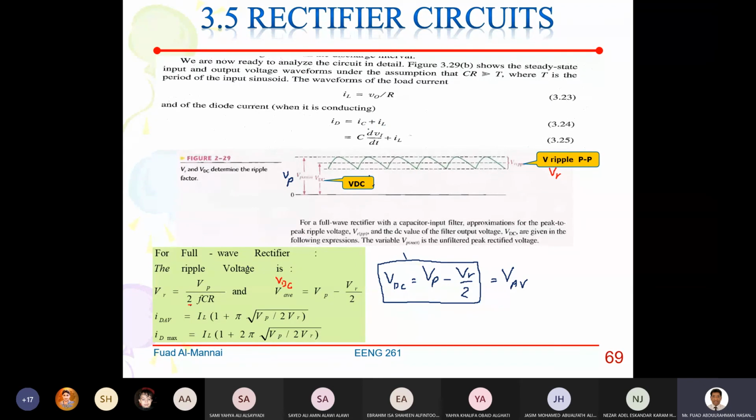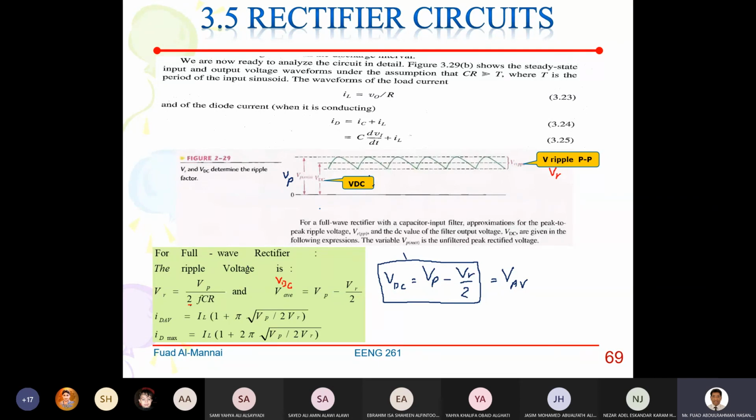The current through the capacitor is given by C dV over dt, plus the IL. Over here, you can see this is the ripple, VR. As you can see, this is the peak-to-peak ripple.